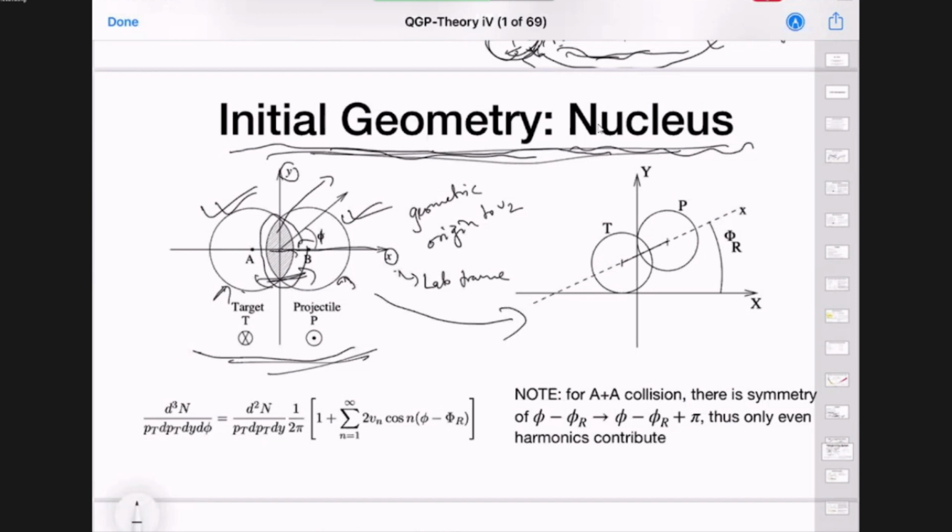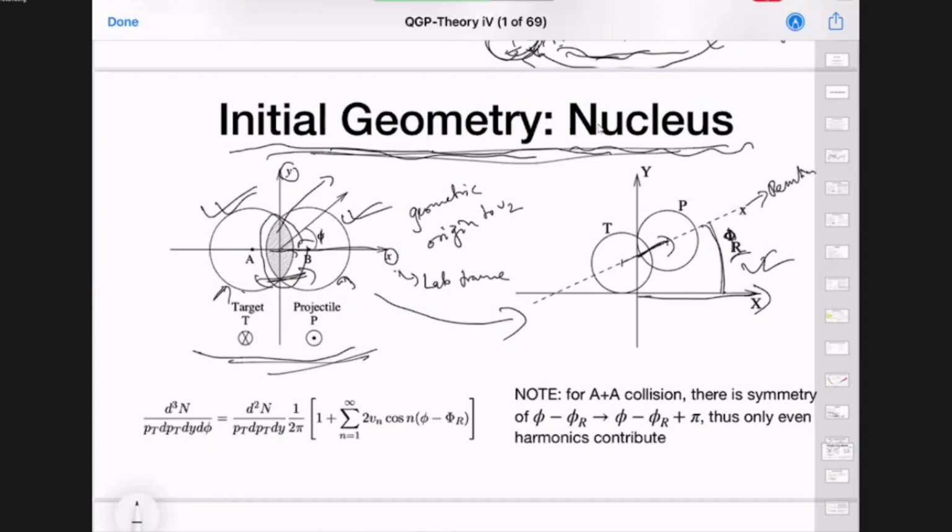What will happen in general is this, right? Where the minor axis of this ellipse will be oriented with respect to your lab frame at a certain angle, which we are denoting here as phi r, right? So this is known as the reaction plane. So this is the orientation of the reaction plane in the lab.